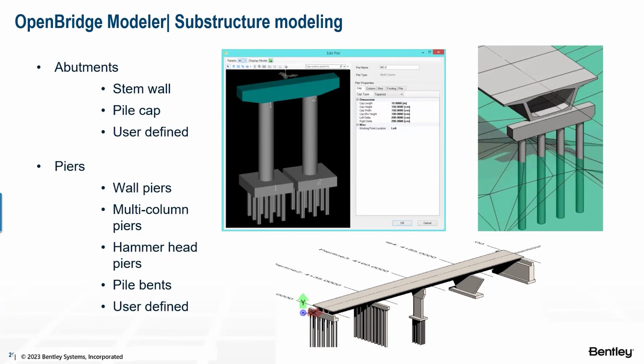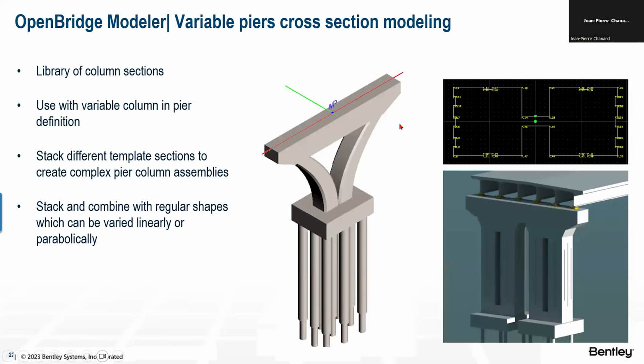What we call standard substructures are, I would say, parametric objects where all the parameters are embedded in that object. You can change the values of these parameters, but you cannot add new parameters. And we have also custom objects, both for abutments and piers, where we can design everything we need.